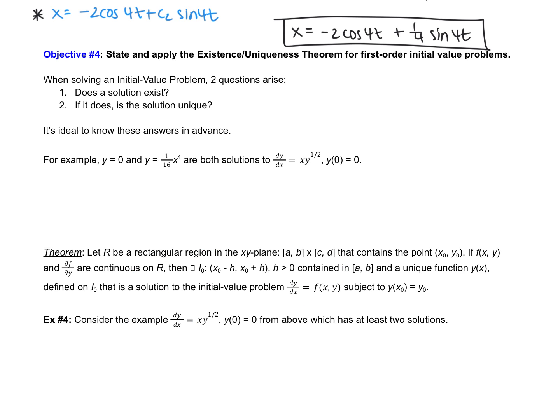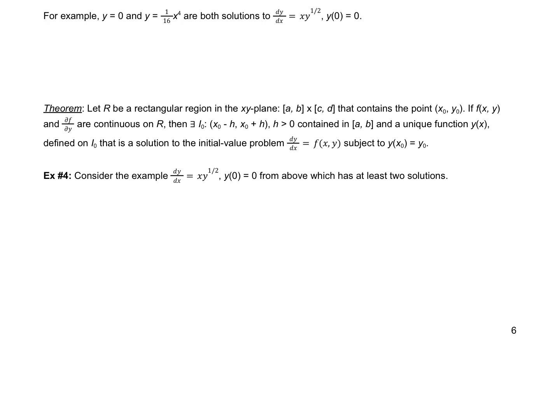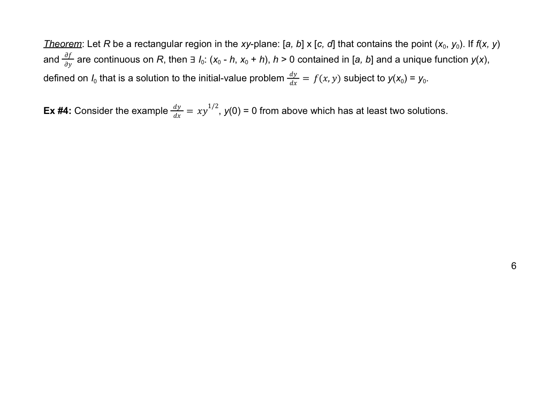I know that this is really wordy, so we're going to take it through this example. We're going to consider the example from above, which we already said has two solutions. Okay, so first thing is we have f of xy equal to x y to the 1/2. We also know that we're going to have to look at the partial of f with respect to y.